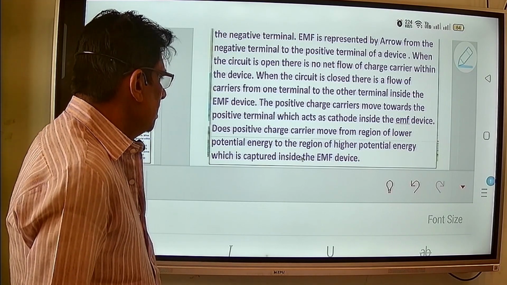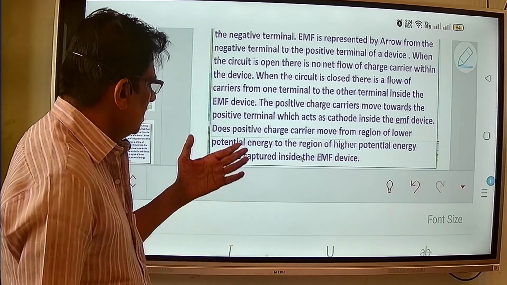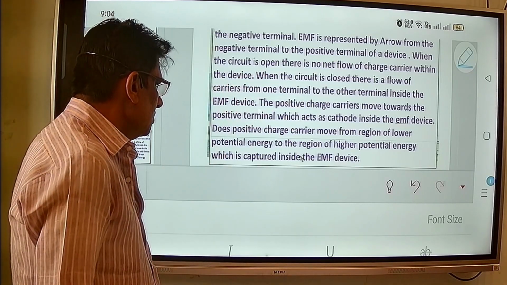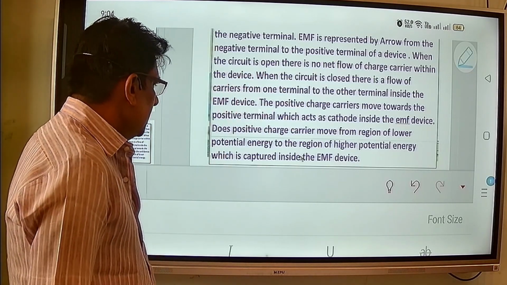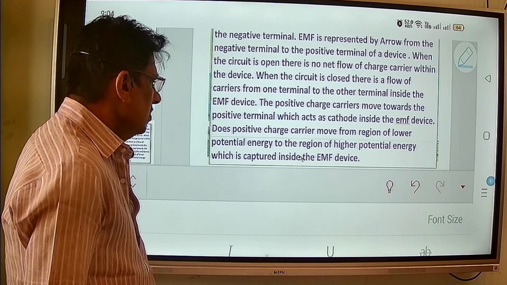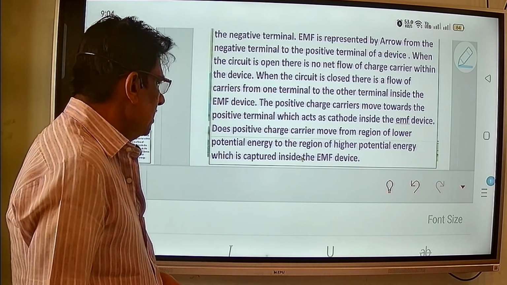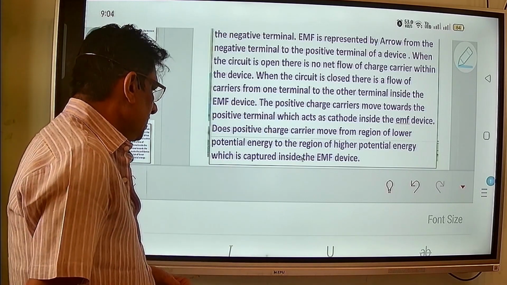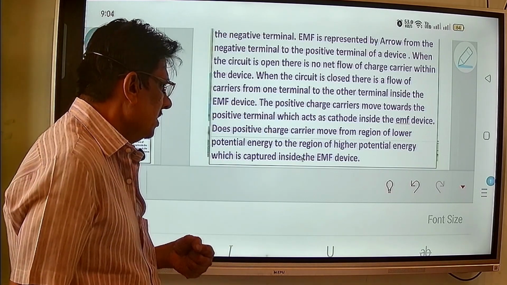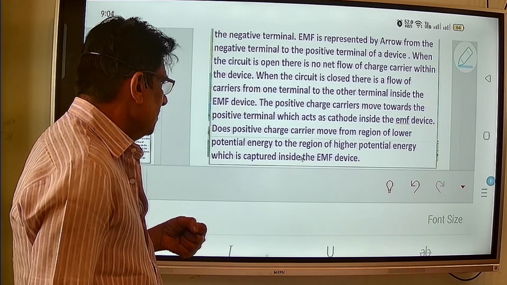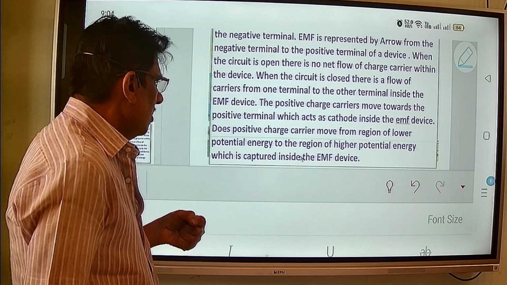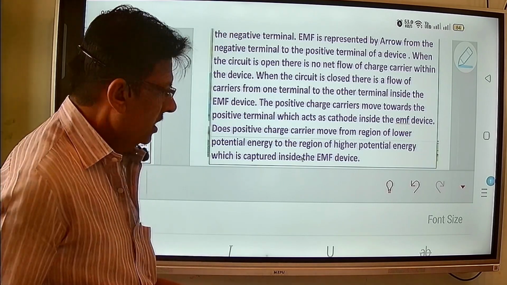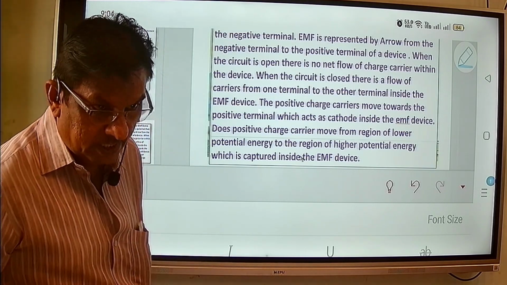The positive charge moves, because when the charge is driven through one complete cycle, its energy goes low, and then when it enters the EMF device it gains energy. Therefore we say that it moves from a lower potential energy to a region of higher potential energy.